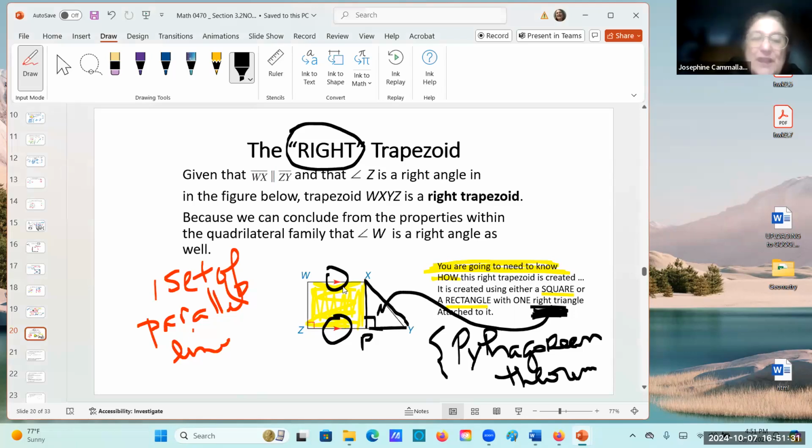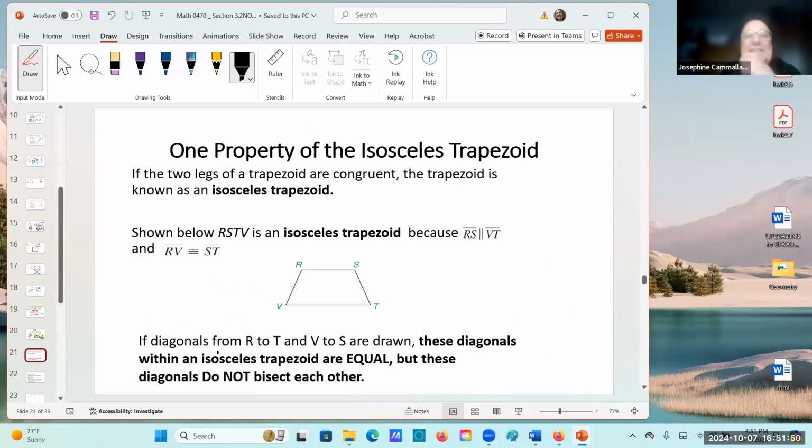Because you have to remember, this Z goes all the way to Y. You're right. I'm glad you checked in. Now, this is the second trapezoid.